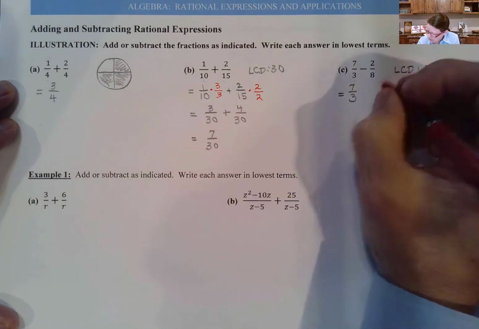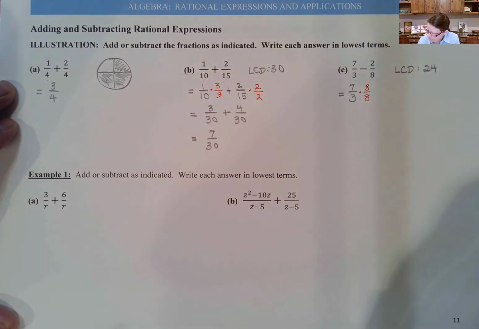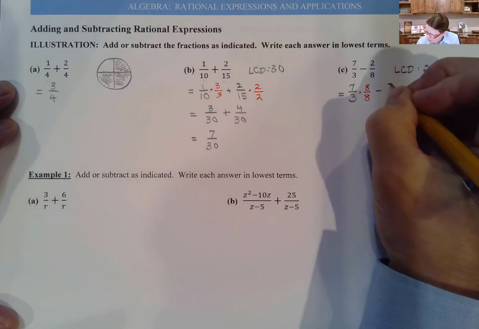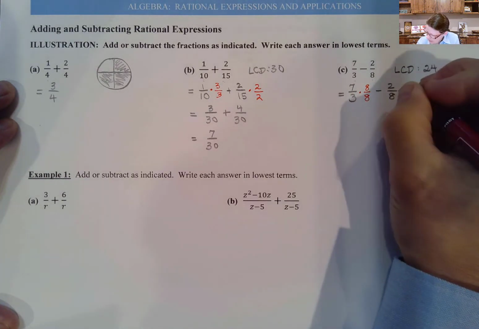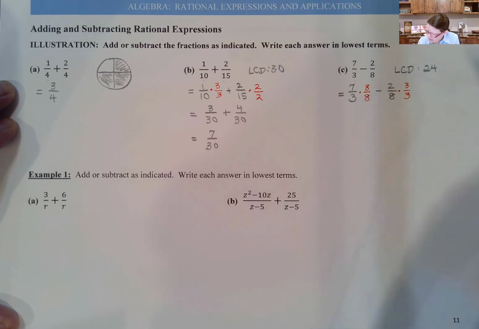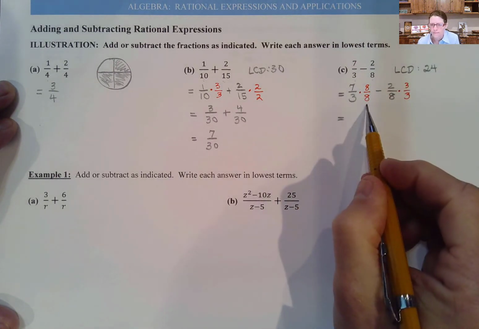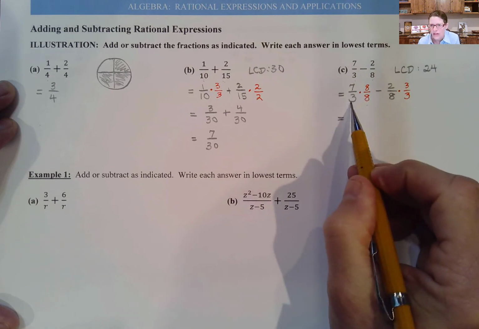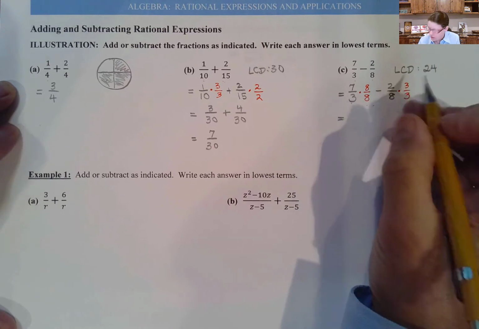Multiply 7/3 by 8/8. Multiply 2/8 by 3/3. Notice that each of these fractions in red has value 1. So we're just multiplying fractions by 1, changing the way they look, but not changing their value.